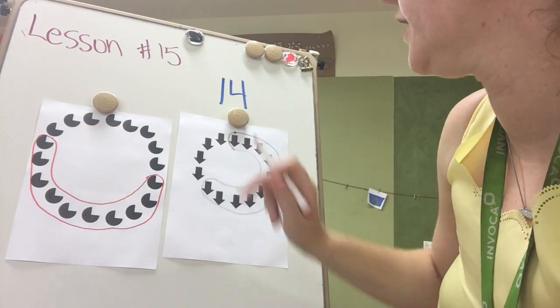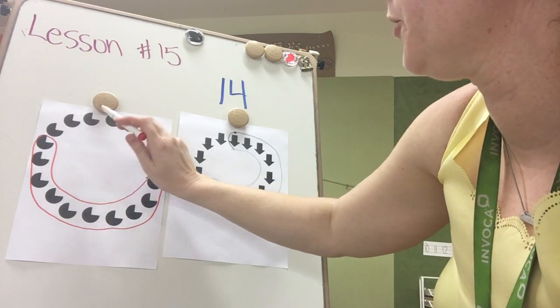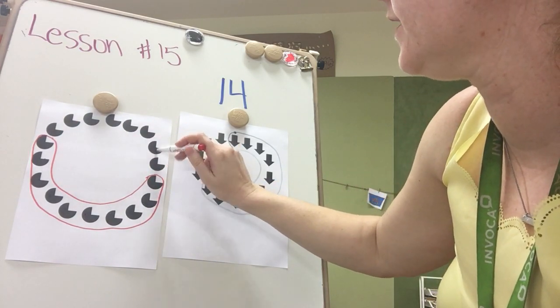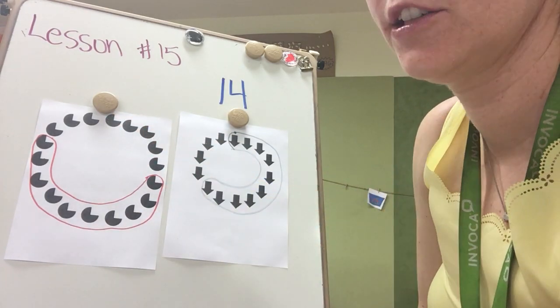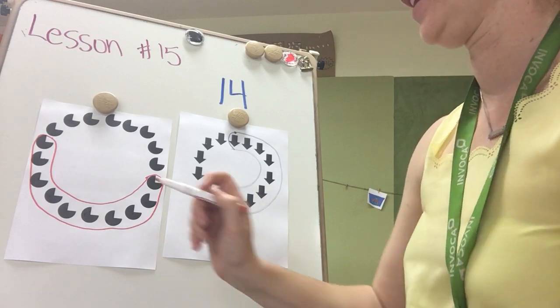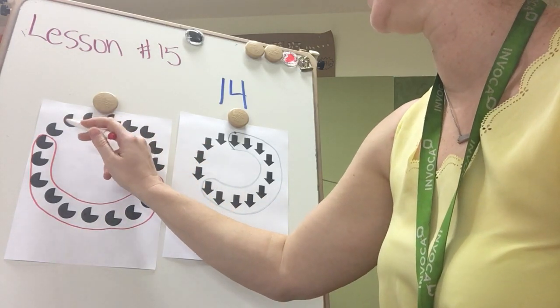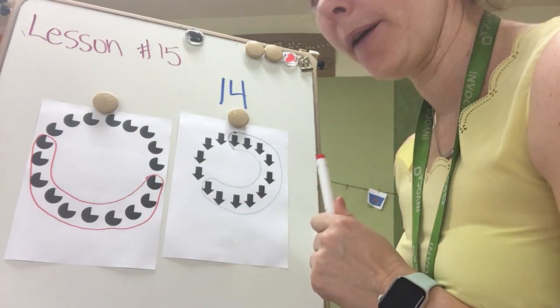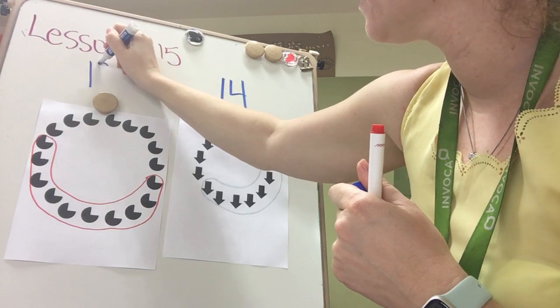Not as easy to just see 4. So let's count these. 1, 2, 3, 4, 5, 6, 7, 8. So 10 and 8, or if you want to do shortcut counting, 10, 11, 12, 13, 14, 15, 16, 17, 18. Now grab your pen and let's practice writing the number 18.